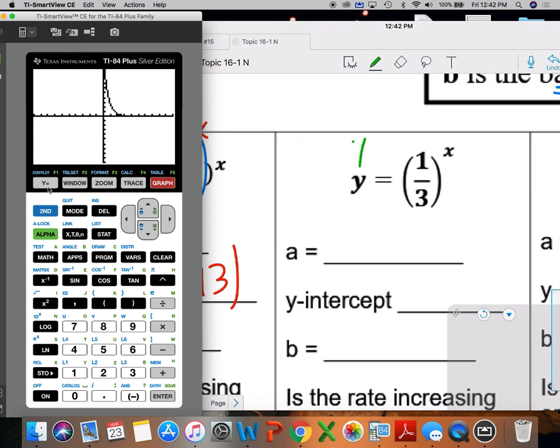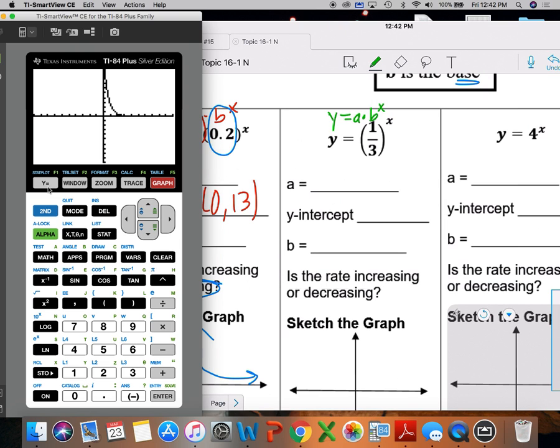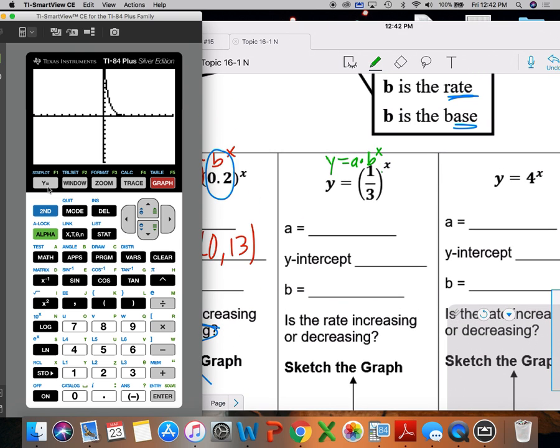For the third one, we have y equals a times b to the x. Now, if you have one like this that looks kind of weird, start with your b value. Your b value is always what you have the exponent of. So b is 1/3. Now, there's no numbers left. So what does that mean? Well, a can't be 0 because we know anything times 0 is 0, and if it was 0, it wouldn't be written.